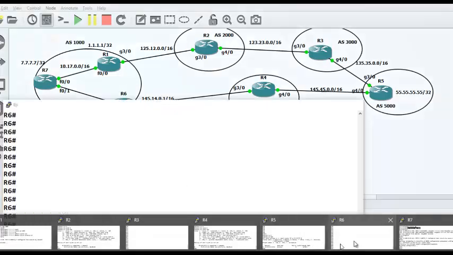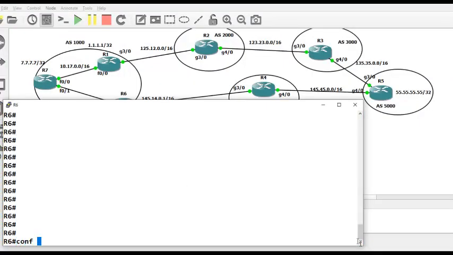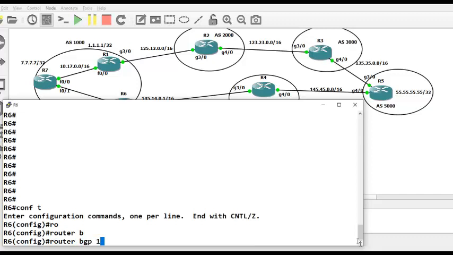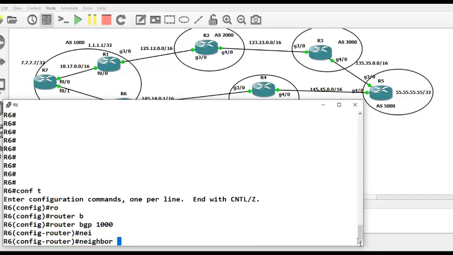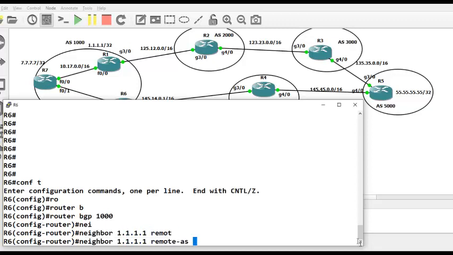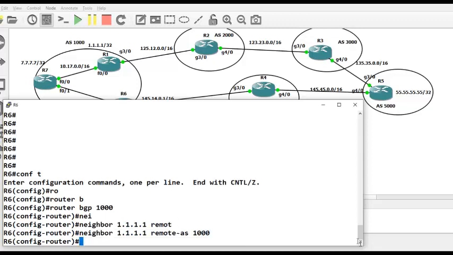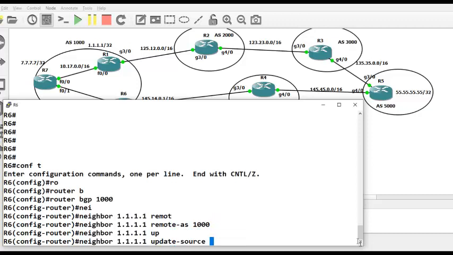Likewise, I'll go to router 6 and say router BGP 1000, neighbor is 1.1.1.1, remote AS is 1000. The neighbor update source. Oh, sorry, I'm making a mistake. Not 1.1.1.1, 7.7.7.7.